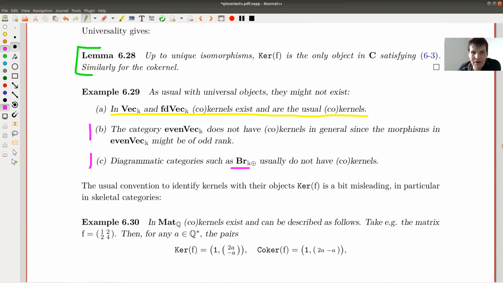Like Brouwer, no kernels. Even the linear and additive closure of it, no kernels. Diagrammatic categories, usually no kernels. Of course, then also no co-kernels. Even something easier, even-dimensional vector spaces, no kernels. Why? Because kernels can be of odd rank, and then you're out of the category. So no way. Kernels are very rare.